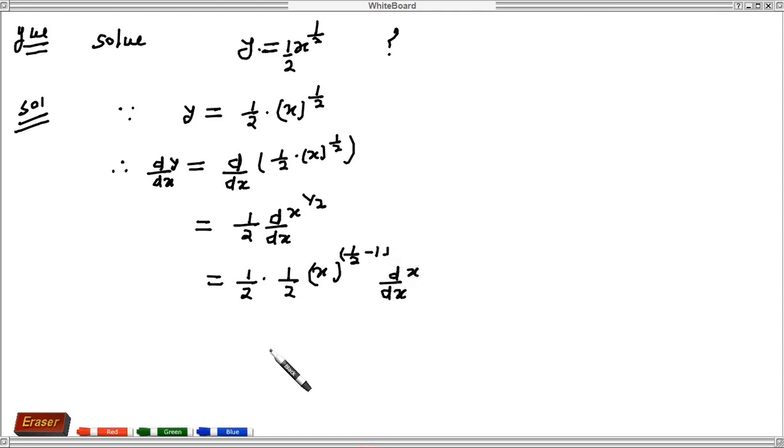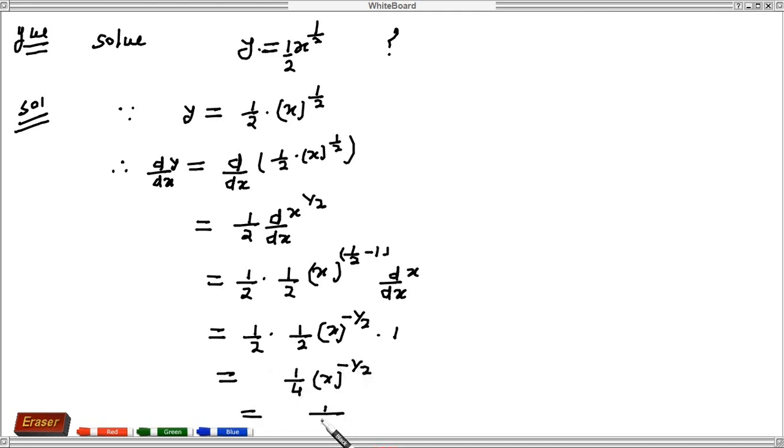After solving, 1 by 2 times 1 by 2, write 1 by 4, and x to the power minus 1 by 2 after subtracting. So finally the answer will be 1 by 4 x power minus 1 by 2, which can be written as 1 by 4 under root x.